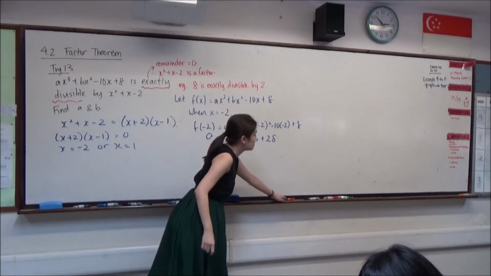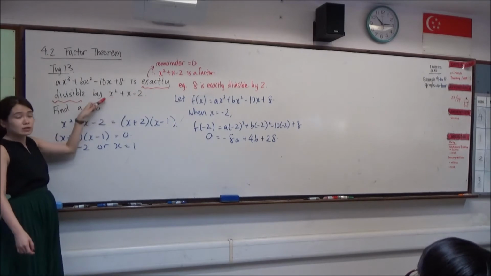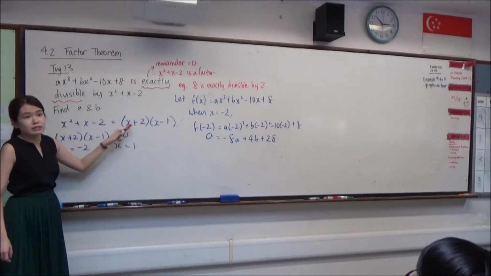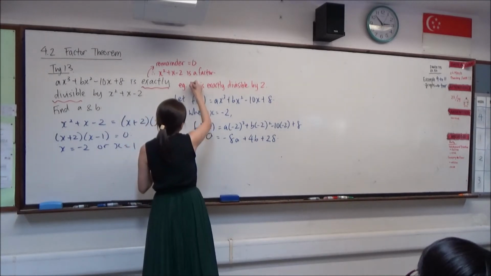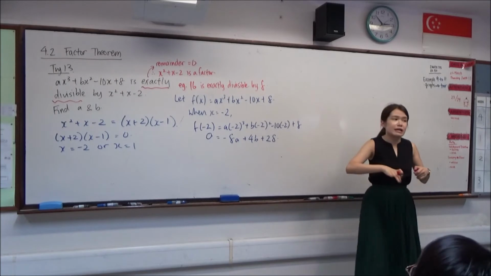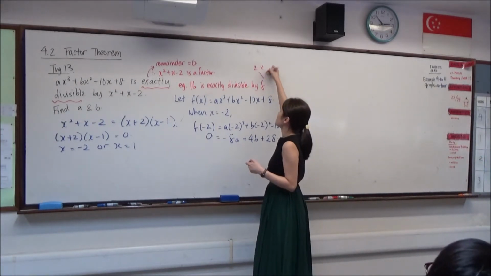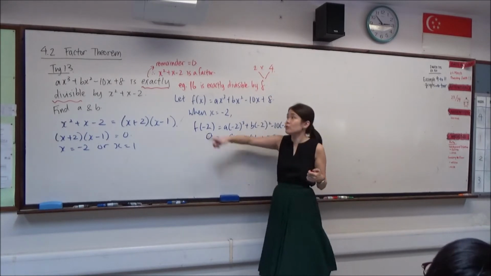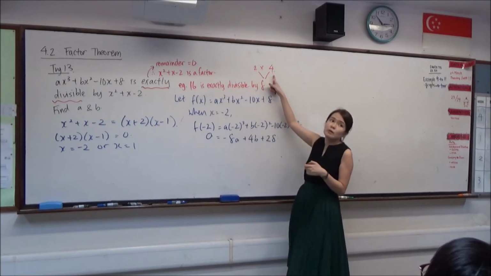Reason being that if the polynomial can be divided by this one, it can surely be divided by this as well. So for example, maybe instead of talking about 8, I can say that 16 is exactly divisible by 8, and 8 is actually 2 times 4. I will also realize that 16 will be divisible by 2, and 16 is also divisible by 4.